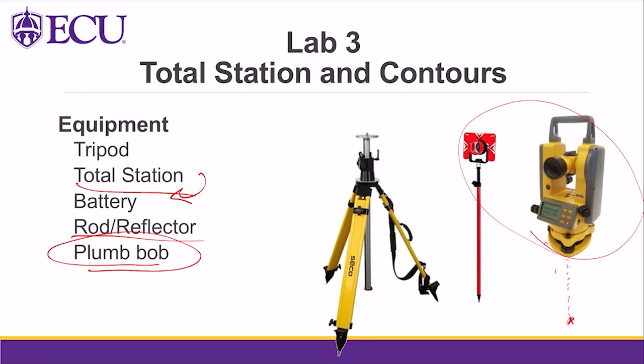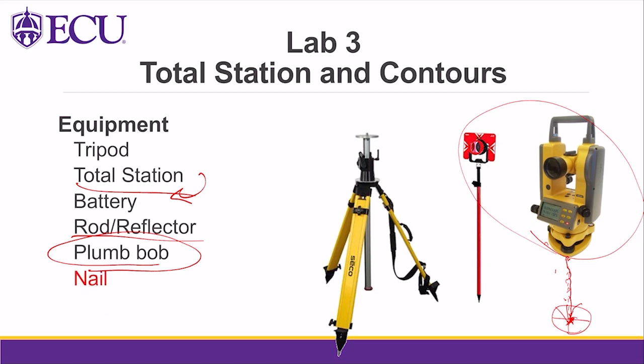And the goal is to make sure this laser plummet is exactly on that nail, right? But if your machine is very old, it doesn't have that laser technology, then you can use a Plumb Bob and hang that Plumb Bob to point to the setup point.